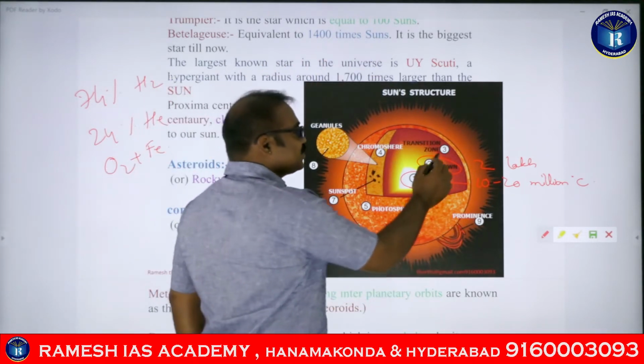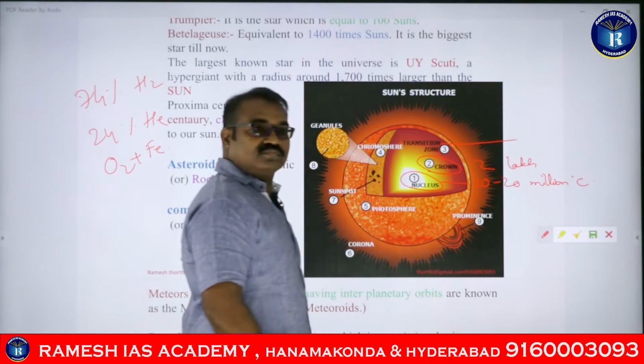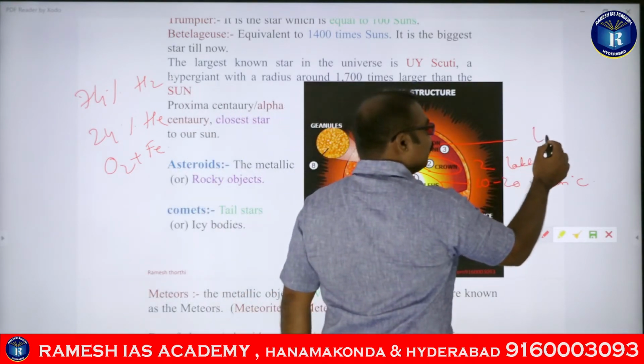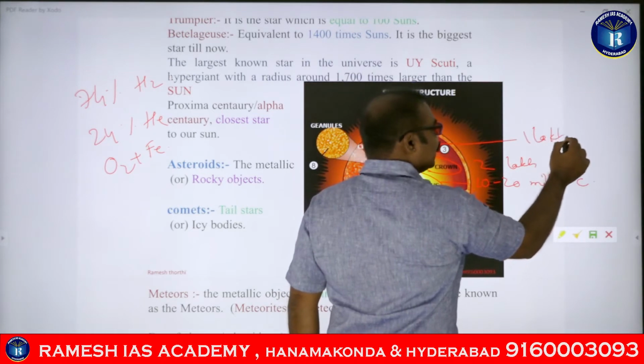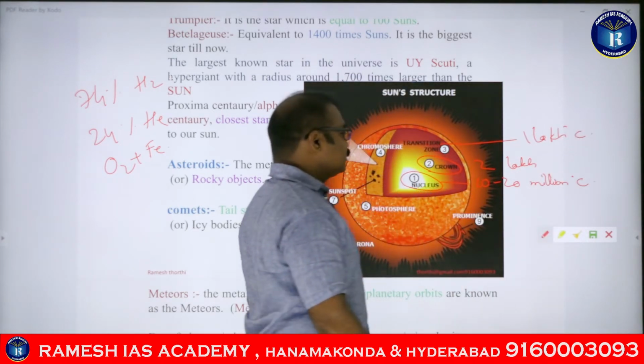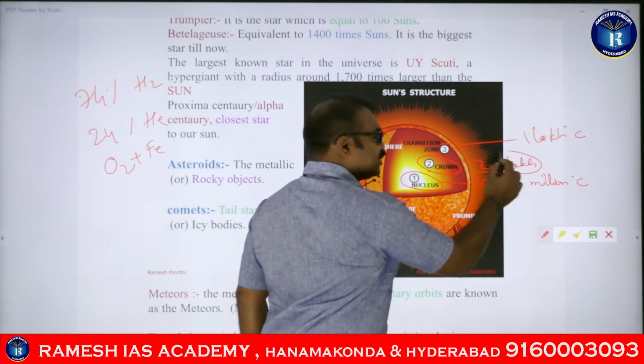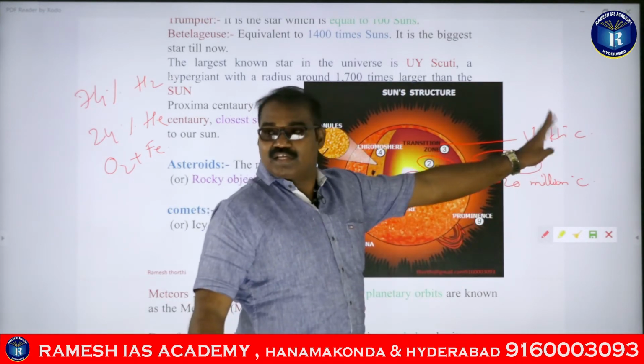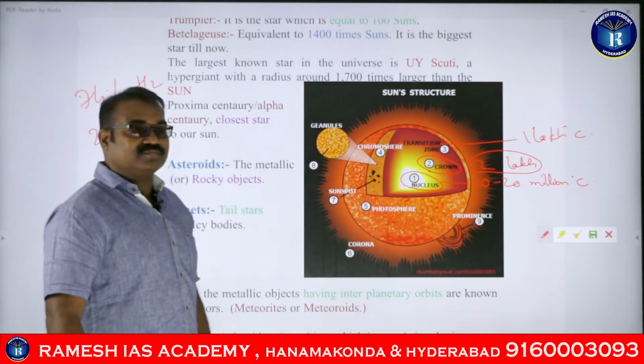Then comes the transition zone. The transition zone has a temperature of 1 lakh degrees centigrade. The crown's temperature is subject to correction, guys, but the transition zone's temperature is 1 lakh degrees centigrade.